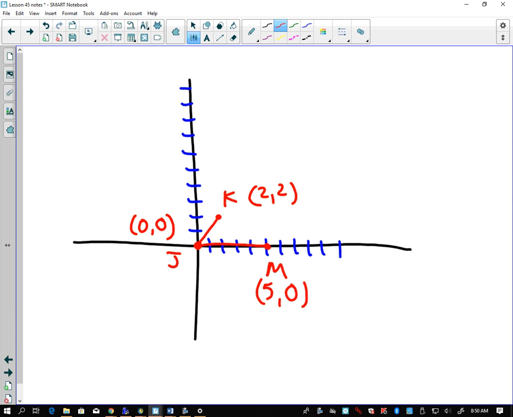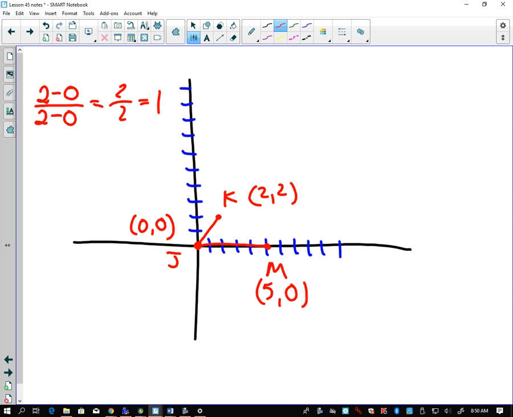Well, our slope is 2 minus 0 over 2 minus 0, so you're getting 2 over 2, which is a slope of 1. So going from 5, I'm going to go up 1 over 1.